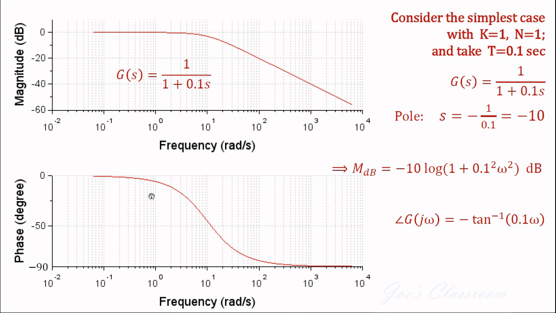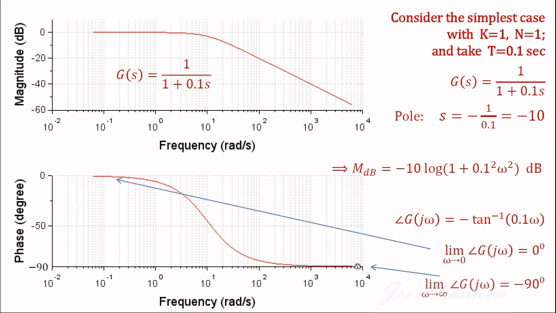If you look at this graph, for smaller values of omega, as omega tends to 0, what is g of j omega? If I apply the limit omega equal to 0, then this is going to be tan inverse of 0. Tan inverse of 0 is 0 degree.